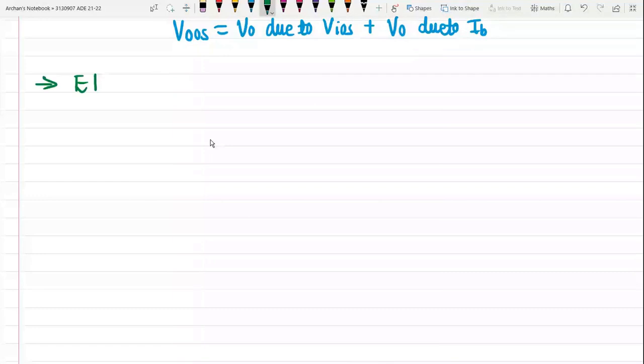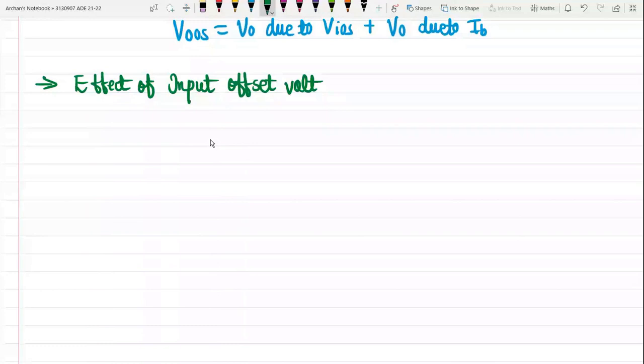input offset voltage on VOOS. Okay, so we have this input offset voltage VIOS.